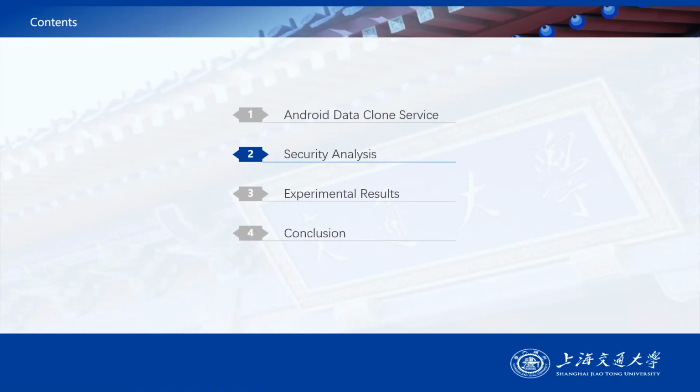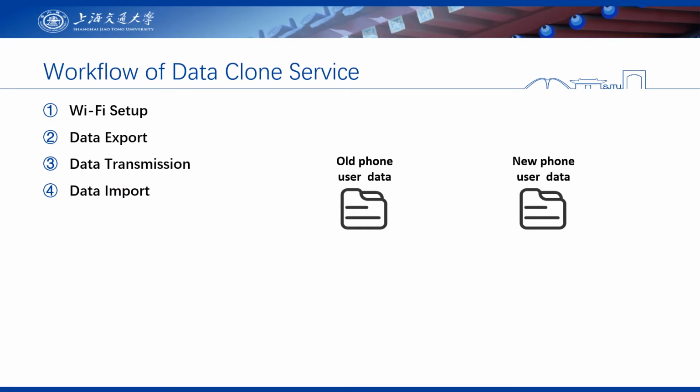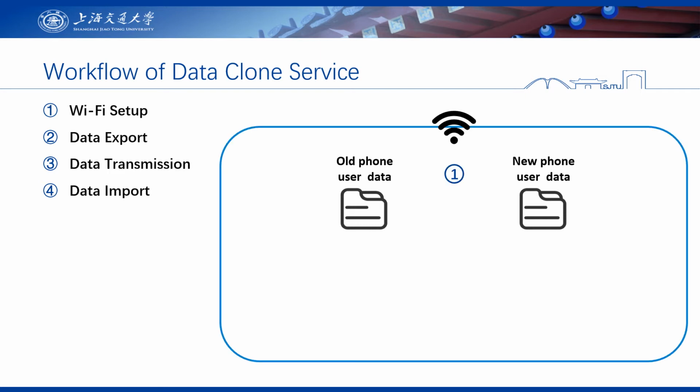In this part, I will detail how to analyze Android data clone services and detect potential security risks. A data clone service often takes 4 steps to migrate data between two phones. First, a temporary Wi-Fi hotspot is created by one phone, and the other one joins the network.